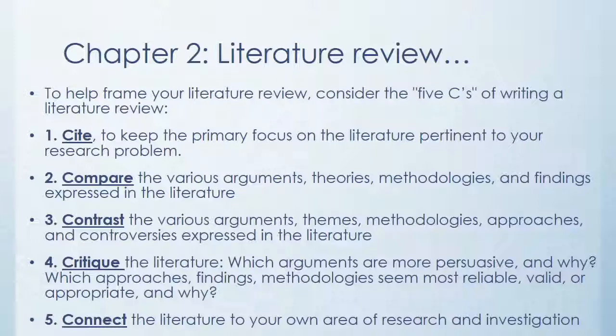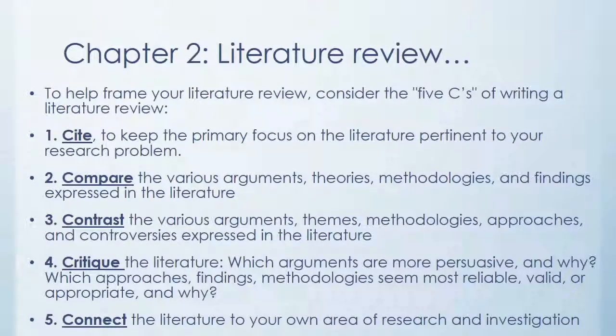Compare the various arguments, theories, methodologies, and findings expressed in the literature. You see, these are the 5 C's that will guide you as you are reading through other authors' work. Contrast the various arguments, themes, methodologies, approaches, and controversies.